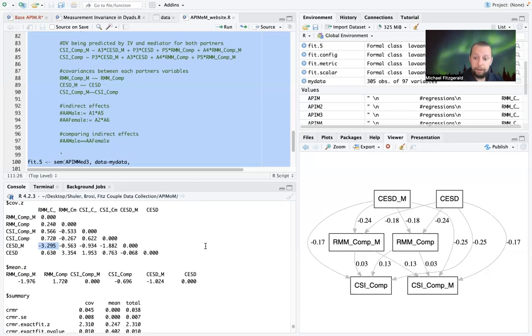Again, this was that parameter over here, CESD to relationship mindfulness, that was negative 0.40 in the first model, but now is negative 0.24. And we are getting a negative value here, and this is a z-score. So that means that this parameter is being underestimated, all right?